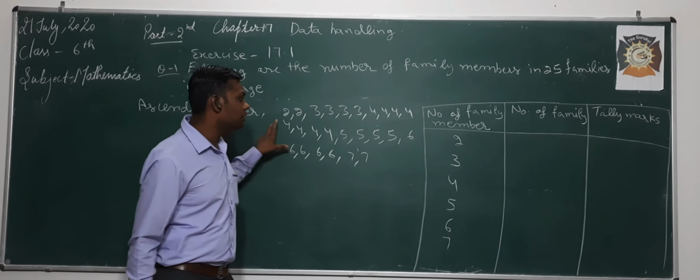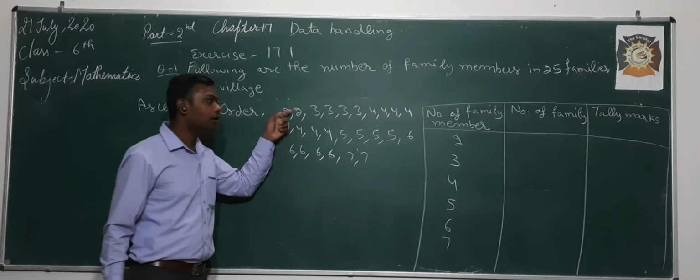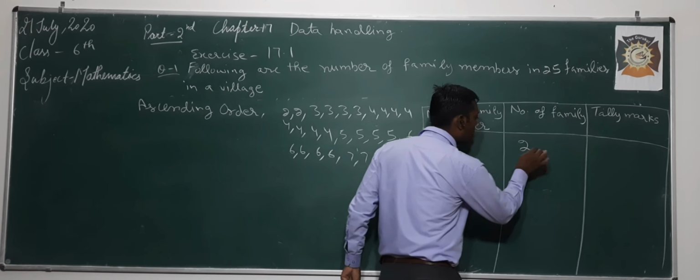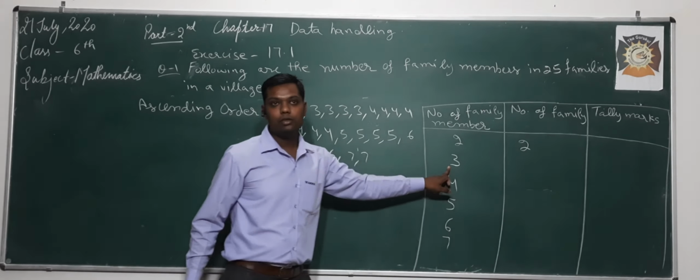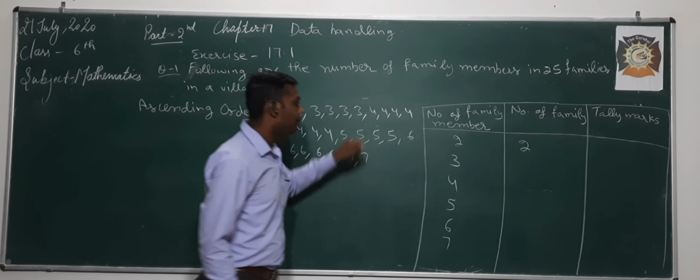Now the number of families that have only 2 members: here we see 2 families have only 2 members. The number of families which have 3 members: we find 4 such families.